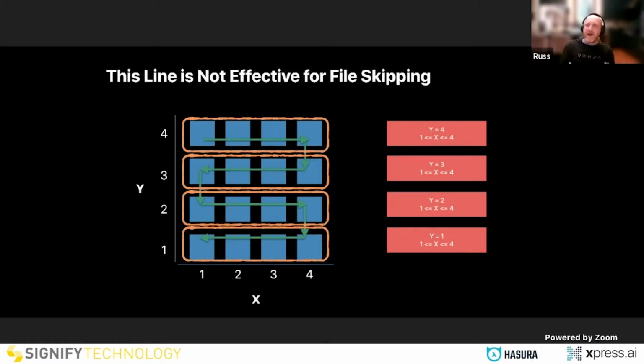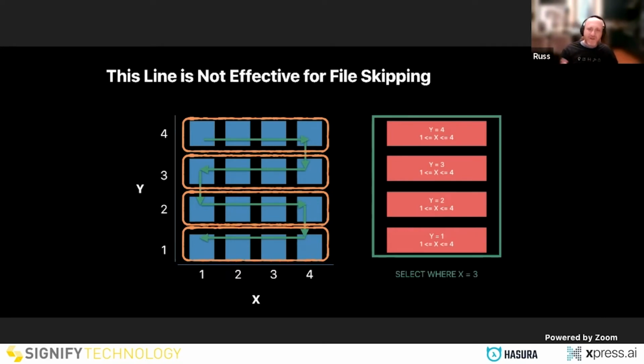So this is not a good curve to use because we end up with the exact same problem we had before. We've ended up sorting our data on one column and ignored all of the important information in the other column that might help us make data that's more closely clustered on both dimensions. So again, if we did our query here, we've actually in no way benefited as long as we're doing a query on X. We only benefit from queries on Y.